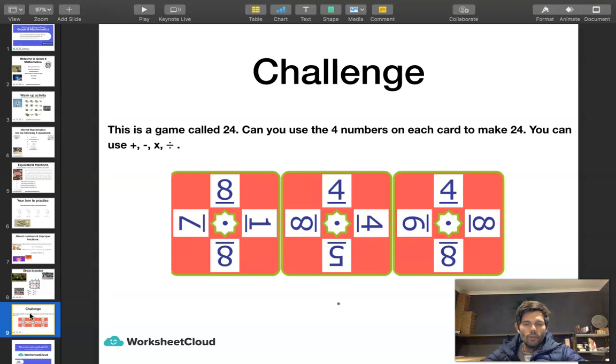So you should have 3 different calculations which equal to 24, exactly the same as yesterday. And see if you can get all 3. Challenge someone in your house to see if they can get all 3. Maybe see how many different ways you can get 24, because there might well be more than one way to get 24. And we will go through those at the start of our next lesson.